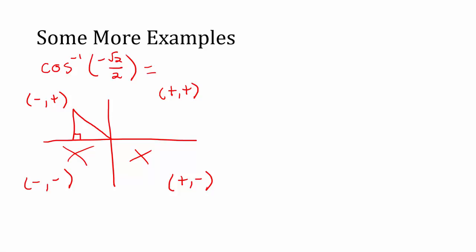Negative root 2 over 2, well, we'd probably rather think of that as negative 1 over root 2. So if I labeled the sides of my triangle, it'd be 1, 1, and root 2. That's a 45, 45, 90 triangle, so this angle down here is 45 degrees. So now I have to think of how big this angle is, and the two angles have to add up to 180, so this would be 135 degrees.